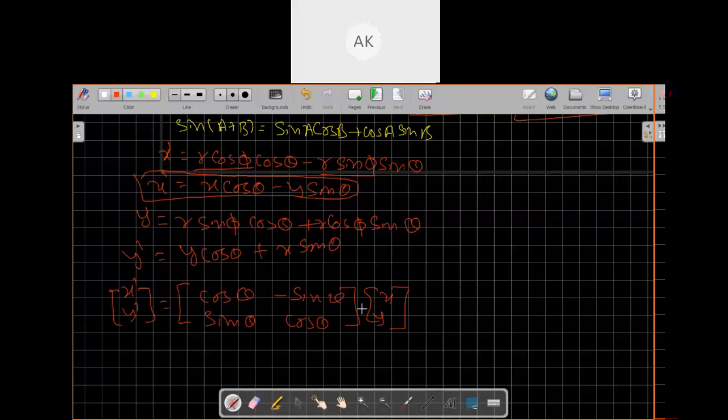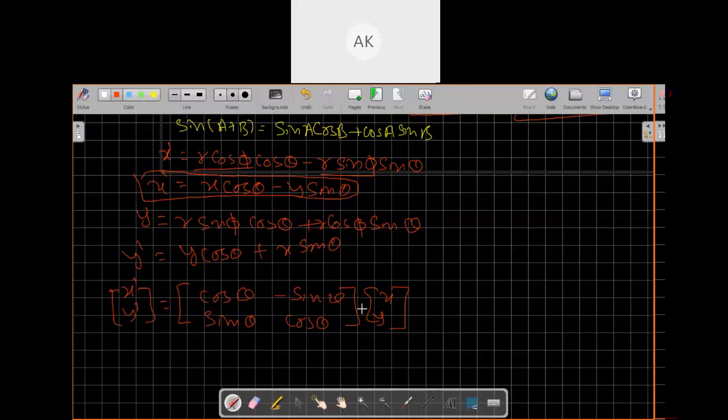Let's calculate for the next point, which is 4 0. x dash y dash equals cos 90, which is 0, minus sin 90, which is 1, and the current point is 4 0.